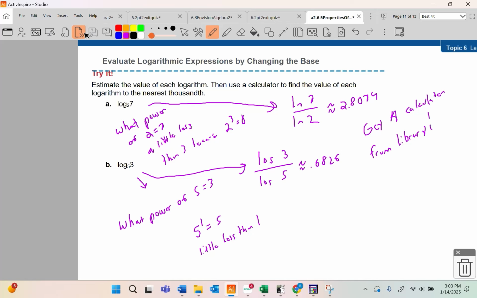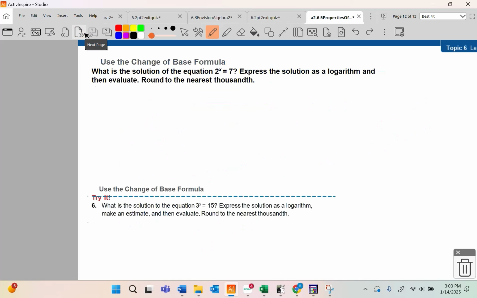So there you go. Moving forward, using the change of base, and I left this one for you. What is the solution of the equation 2 to the x equals 7? Express the solution as a logarithm and then evaluate to the nearest tenth. So we have 2 to the x equals 7. We identify our pieces.